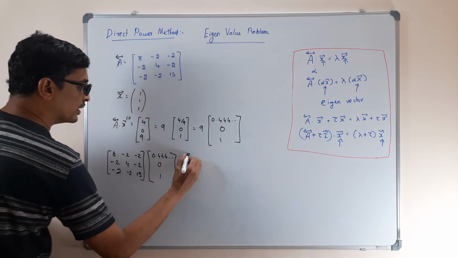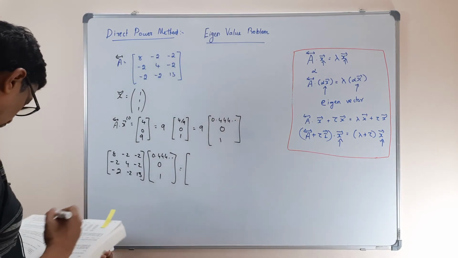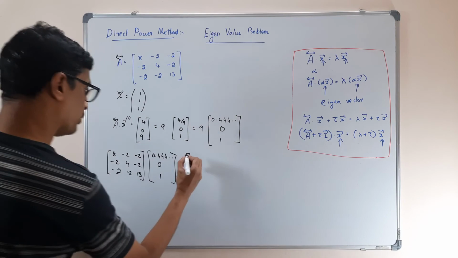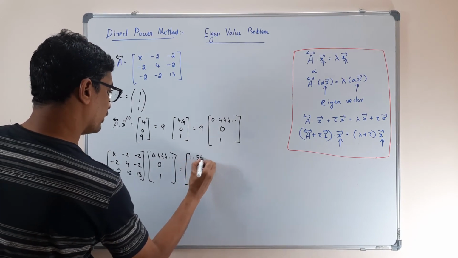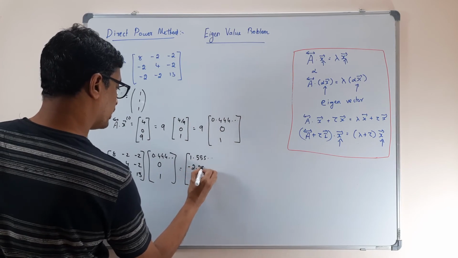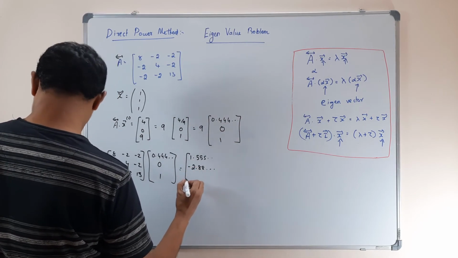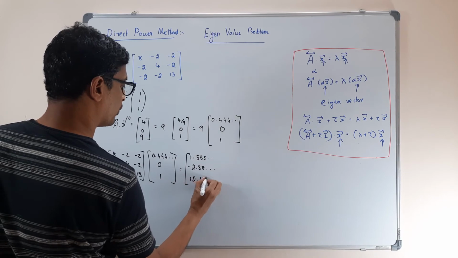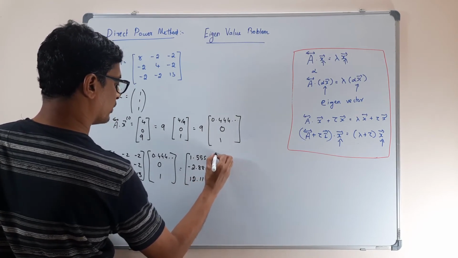This will give you, I'm straight away copying it out, if you can do it and check it, 1.555 and minus 2.88, it goes on, and 12.111, which is recurring.